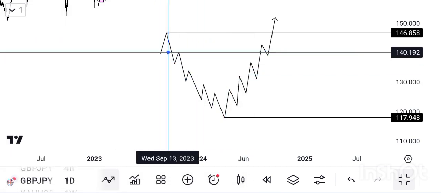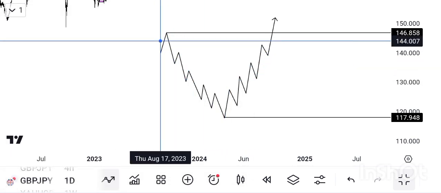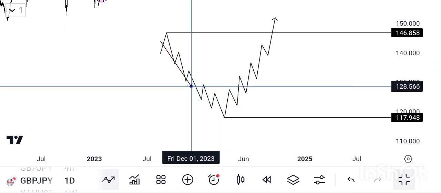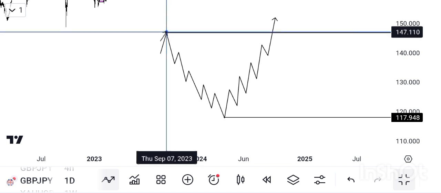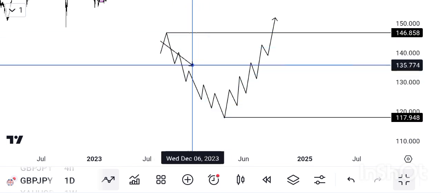So you can see now, this is a bearish market. When price creates a bearish market structure, the last high price created before the bearish movement is your swing high.